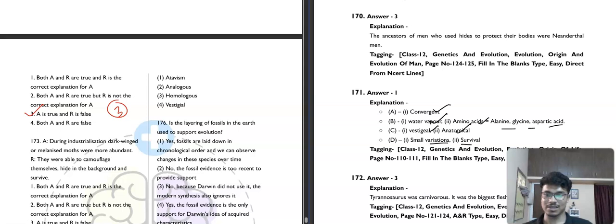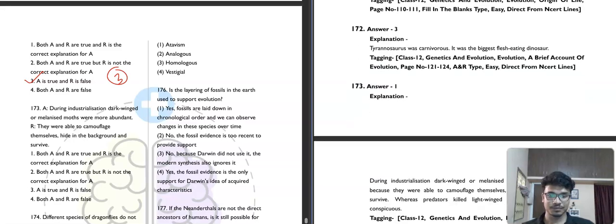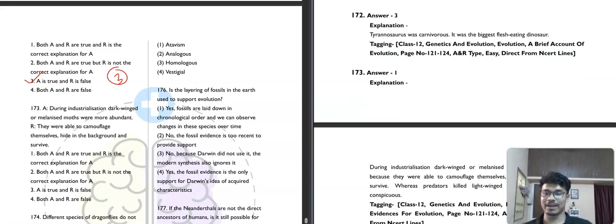Here question number 173. It is saying that during industrialization, dark wing or melanized moths were more abundant, and reason is given, they were able to camouflage themselves, hide in the background and survive.